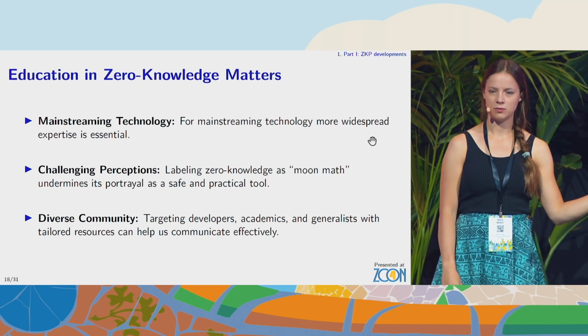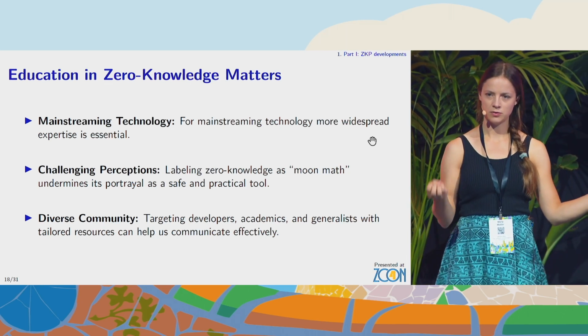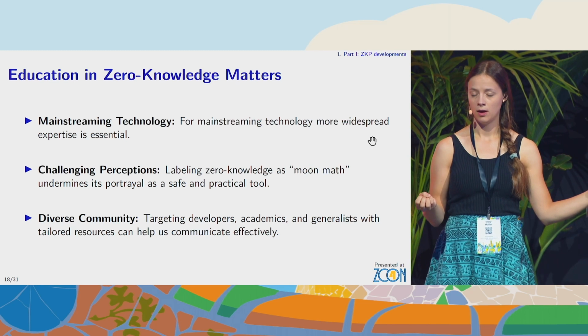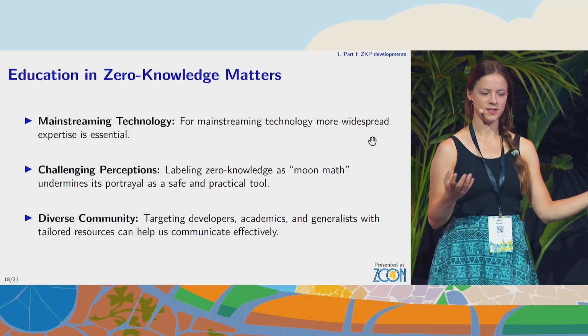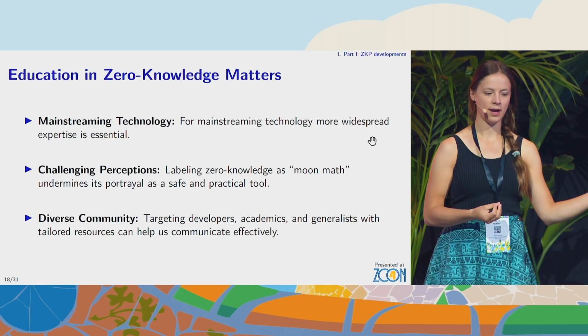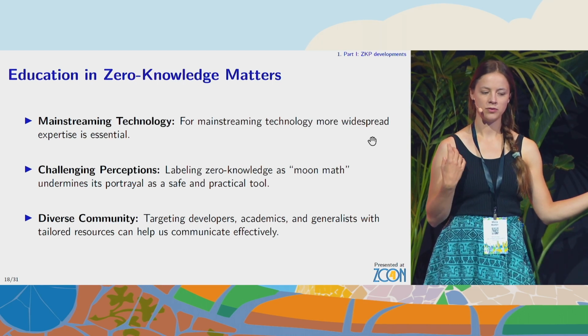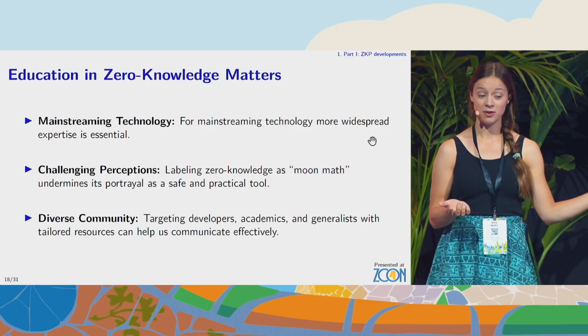Because we're in a situation where zero knowledge is being used for applications that we think are important, but it's not being used for as many applications as it could be if we were to challenge the perception about zero knowledge being this mystical thing that only experts understand. Really, what we want to be doing is portraying it as a safe and practical tool that can be used in people's day-to-day lives. In order to do this, we need to make it understandable in any way that we can.